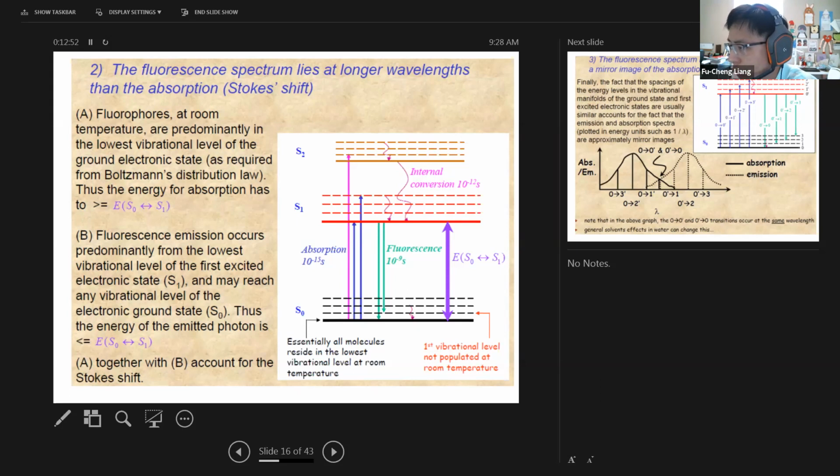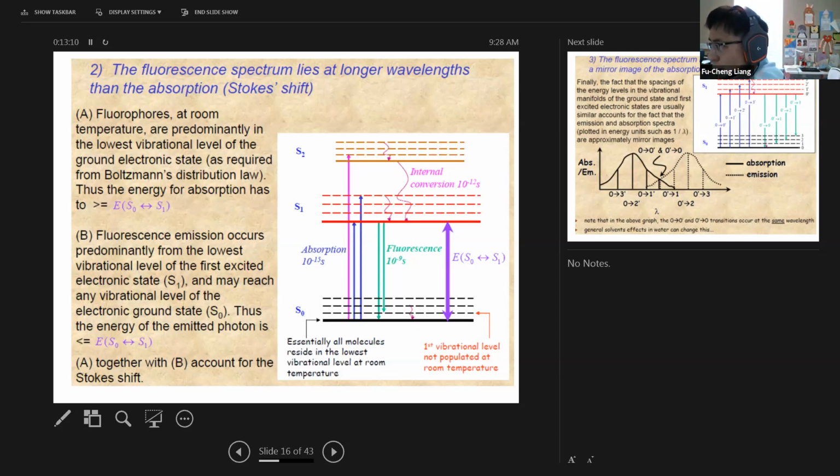Therefore, for absorbance, they can jump from S0 all the way to S2, or from S0 to the first vibration level of S1, or maybe the third or fourth vibration level of S1. So they can go up anywhere. The higher the gap, the higher the energy.